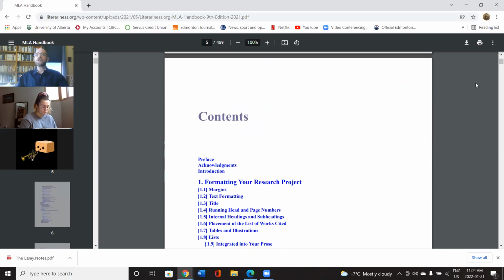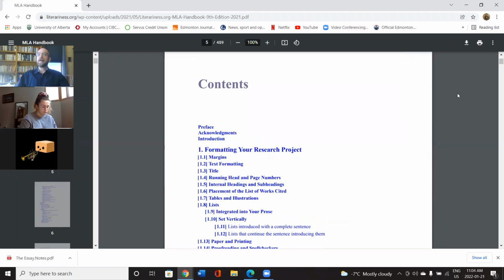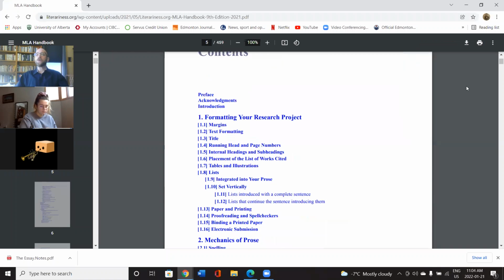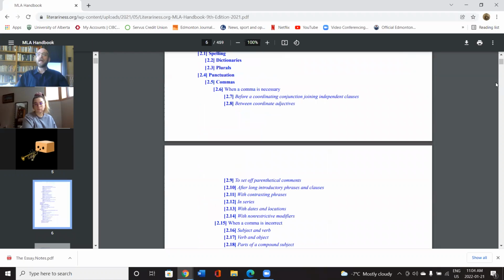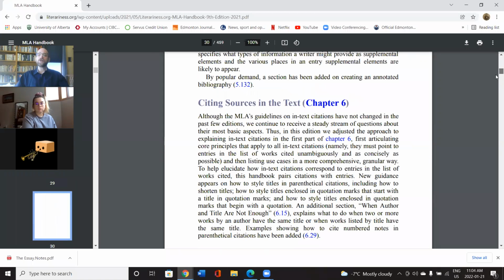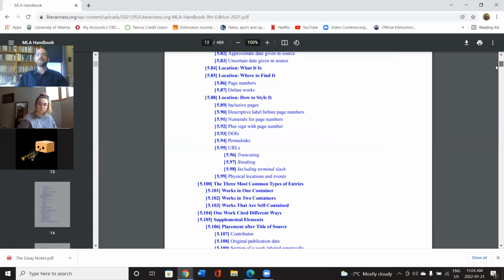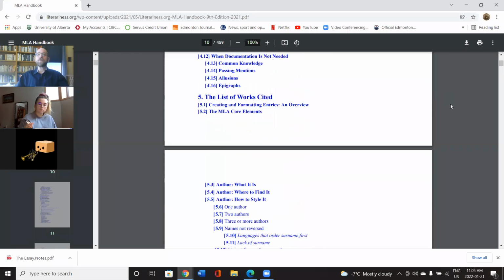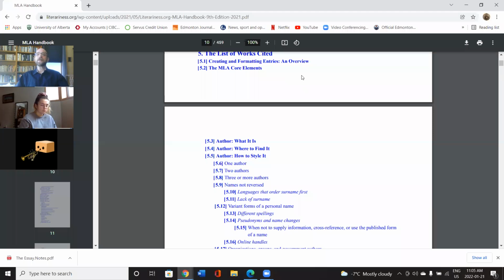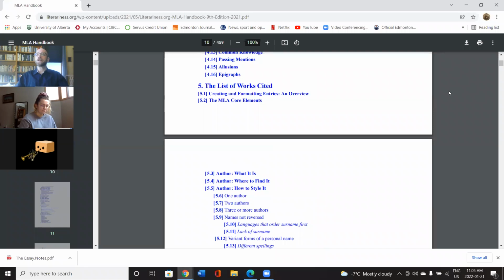If you have any questions about proper formatting, this is where you're going to turn first. And we're going to work our way through chapter 1 of the MLA book, formatting your research essay, and then skip ahead to chapter 5, the list of works cited. This is what we're going to focus on next Friday.